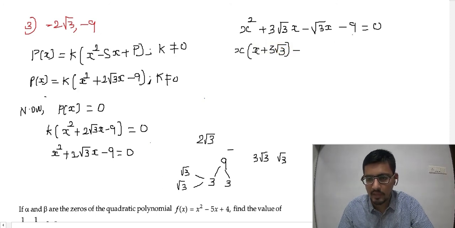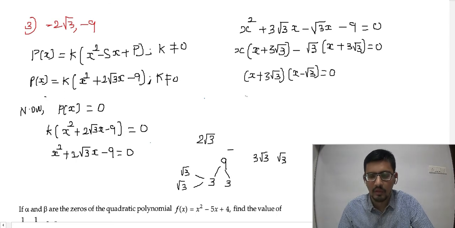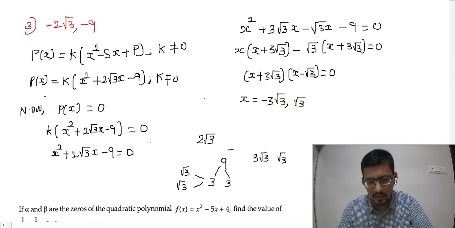From these two terms I can take root 3 common, with the bracket x, and if you take the minus sign outside, this minus will become plus, 9 means 3 times 3 root 3, so I write 3 root 3, equal to 0. So in one bracket I write x plus 3 root 3 as it is, and this is x minus root 3 is equal to 0. The possible values of x are minus 3 root 3 and plus root 3.